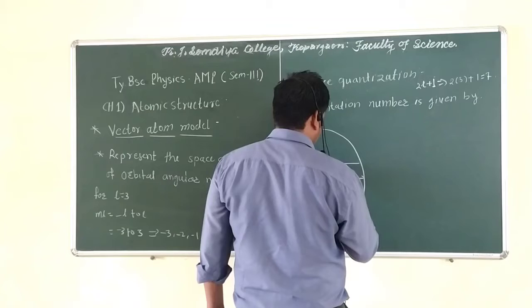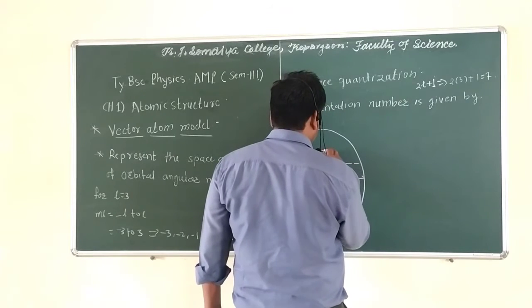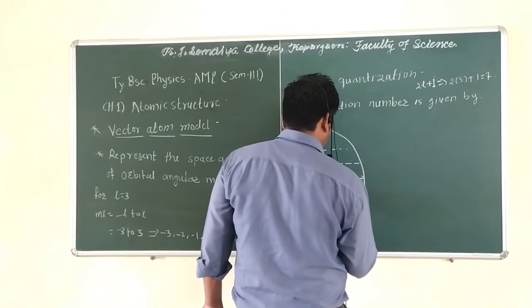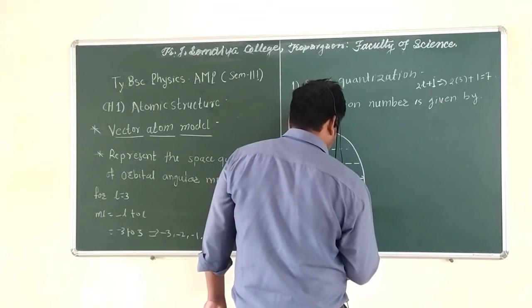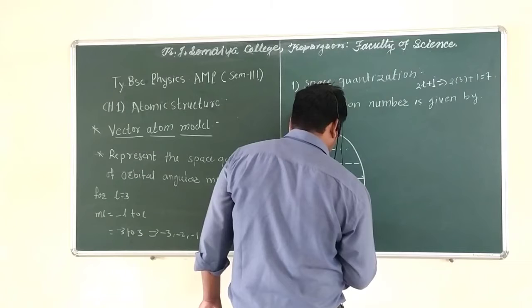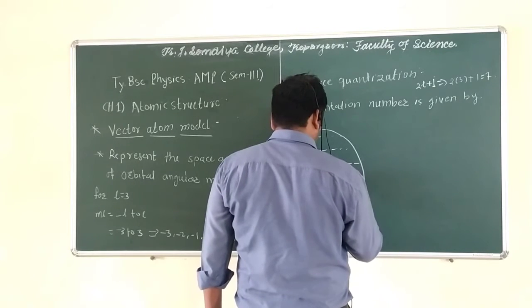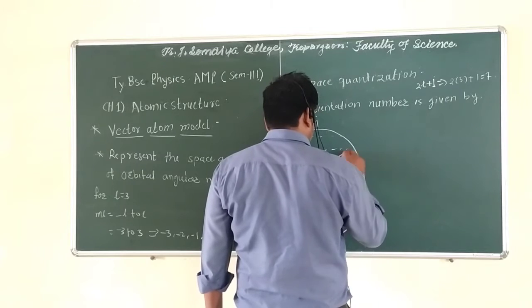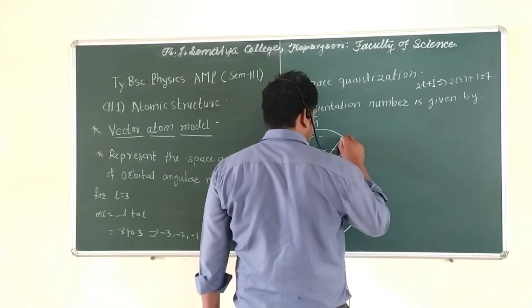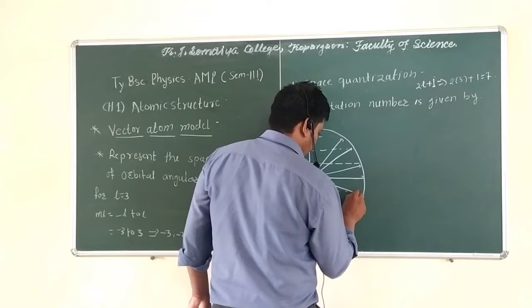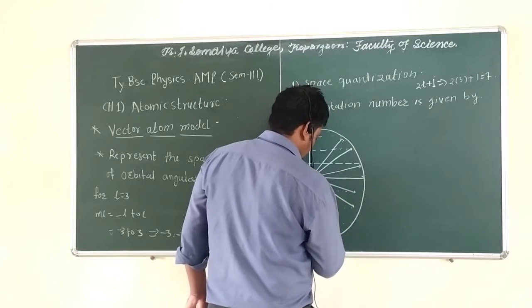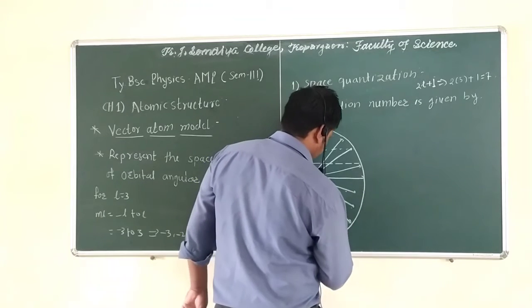We want to calculate the magnitude of the orbital angular momentum. This is calculated by L star, and L star is given by the square root of L into L plus 1. Okay.